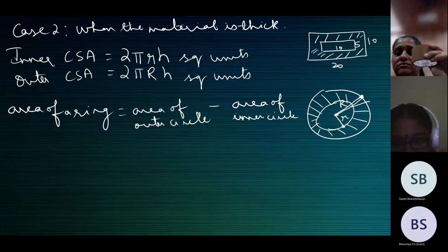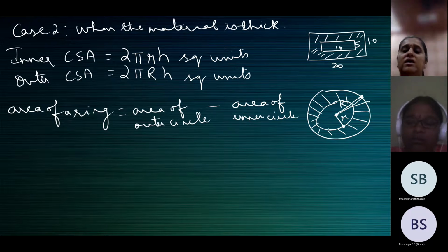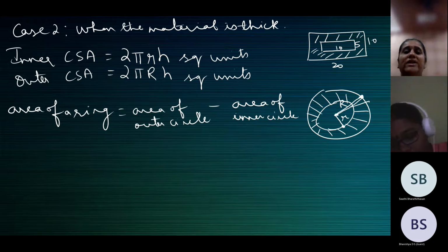L into B, 200 square units. The area of the inner rectangle is 10 into 5, 50 square units. So 200 minus 50. The area of the shaded region is 150 square units.